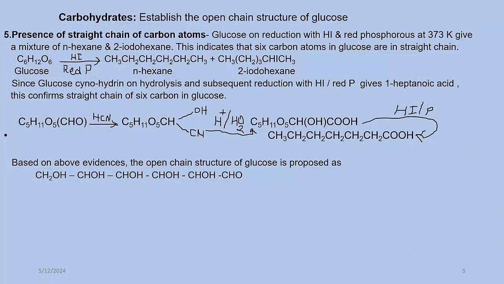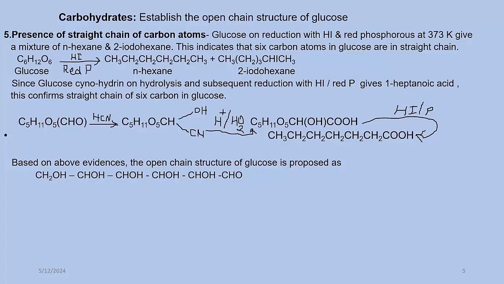Fifth one is presence of a straight chain of carbon atoms in glucose. Glucose on reduction with HI and red phosphorus at 100 degrees Celsius gives a mixture of n-hexane and 2-iodohexane.